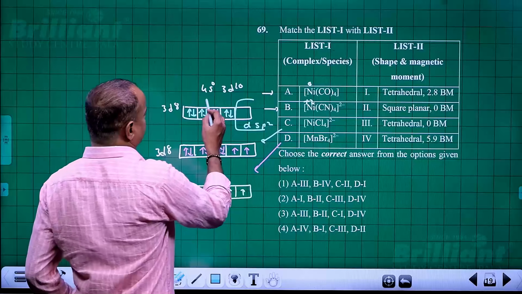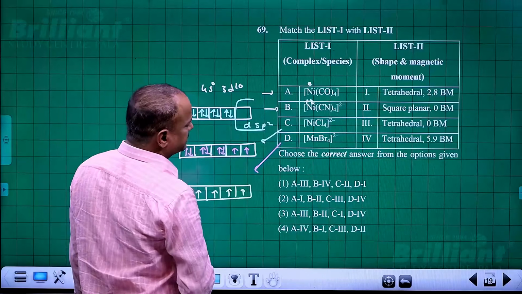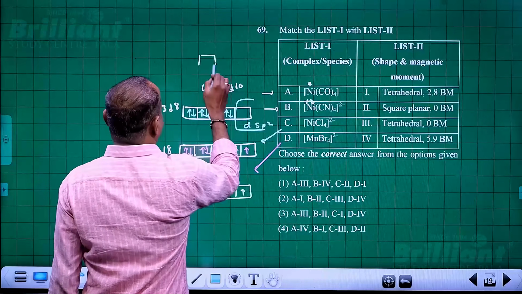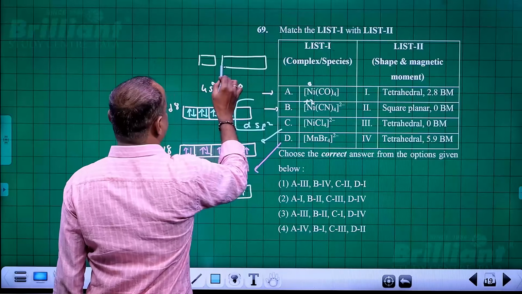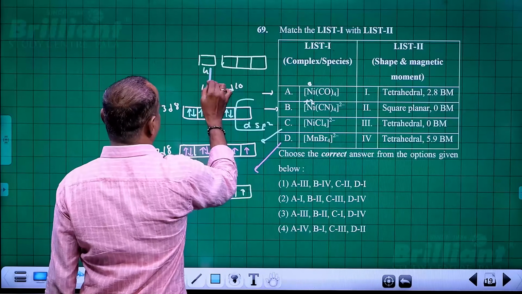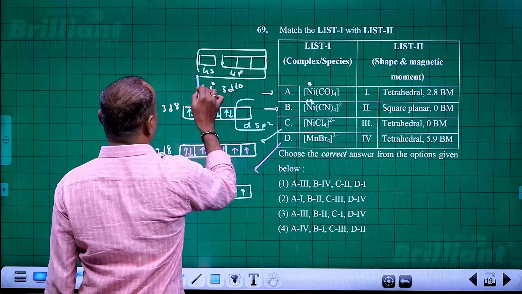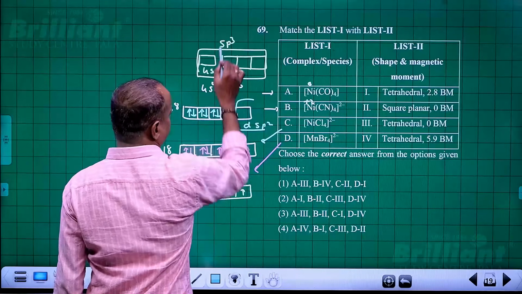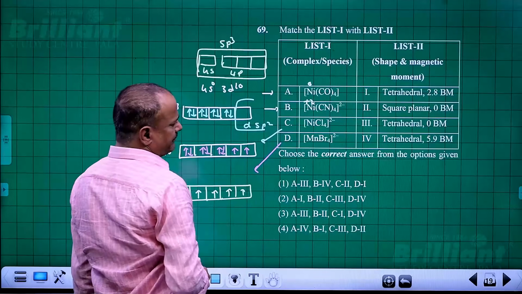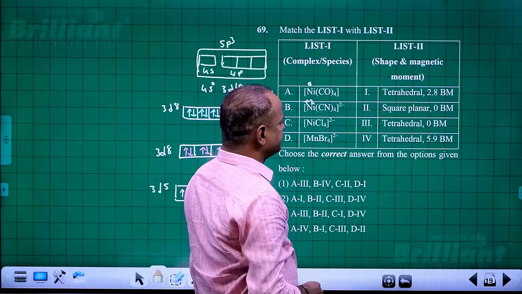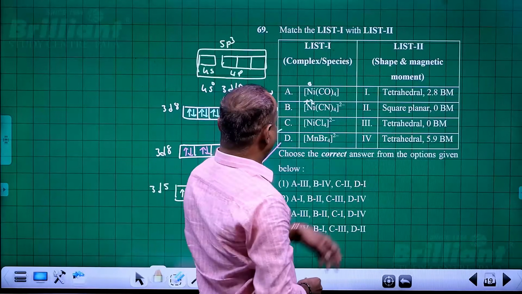This is sp3 hybridization because 4s0 and 4p0 undergo hybridization, called sp3 hybrid. Tetrahedral, zero moment, A3.